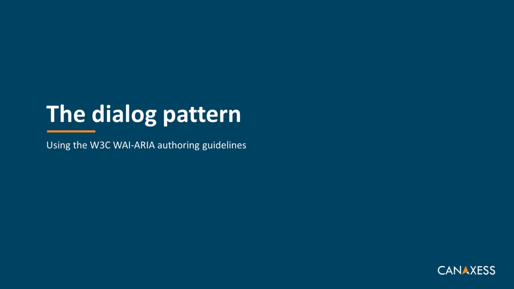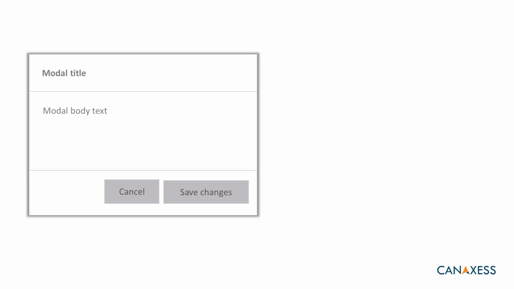If we look at a standard dialog pattern, the dialog opens above the page with one or more clickable buttons. This is an established pattern that much of the functionality should follow, so that assistive technology can work with it. The ARIA authoring guidelines for a dialog control has a container with the role of dialog.